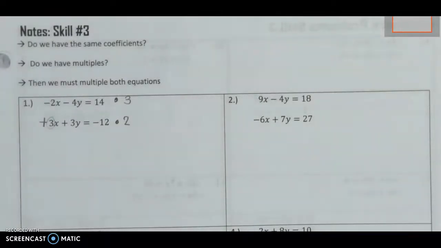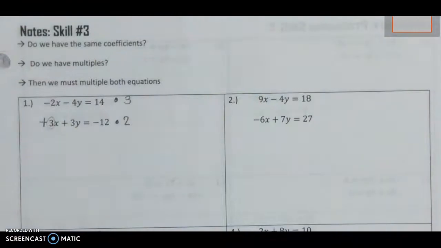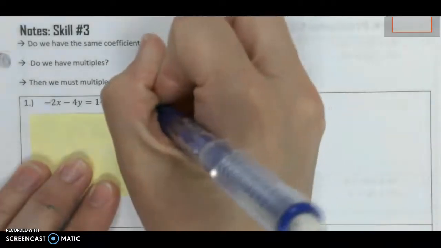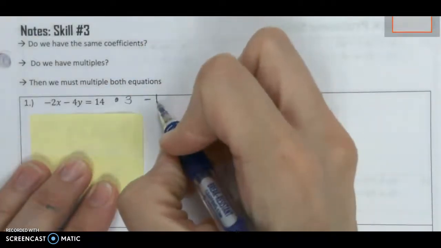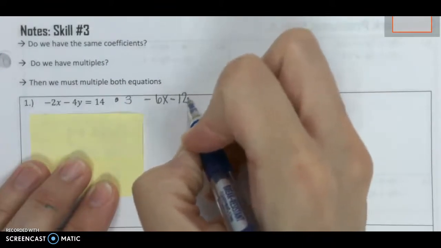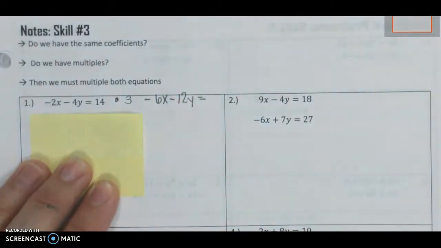So I don't want to mess with that negative by taking it away. Okay, so now we're going to multiply all of them. I'm going to cover up my first equation here. Just multiply the top by 3. So that's going to be -6x, -12y, and then I'll take 14 times 3, which is 42.